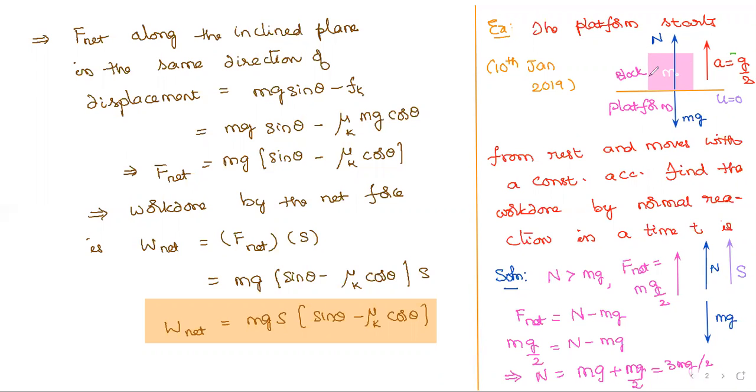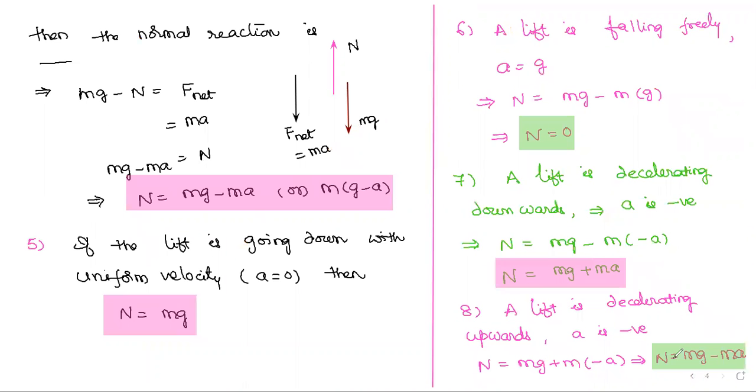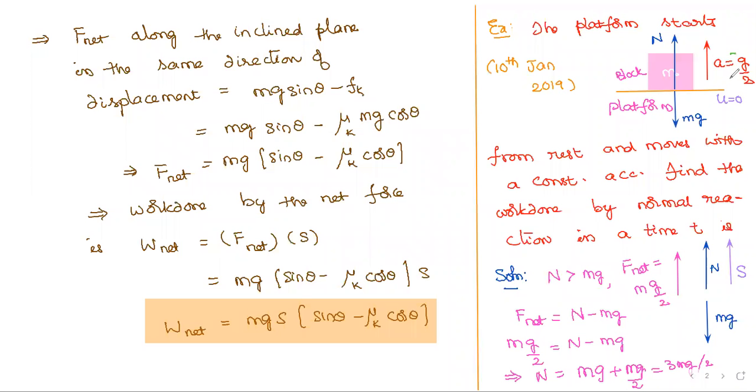First of all, you have to come to know normal reaction equals how much? That I told here. Going up, decelerating, N is equal to mg minus ma. By this, you have to calculate the normal reaction. Already you put minus a. You don't apply the negative sign two times.